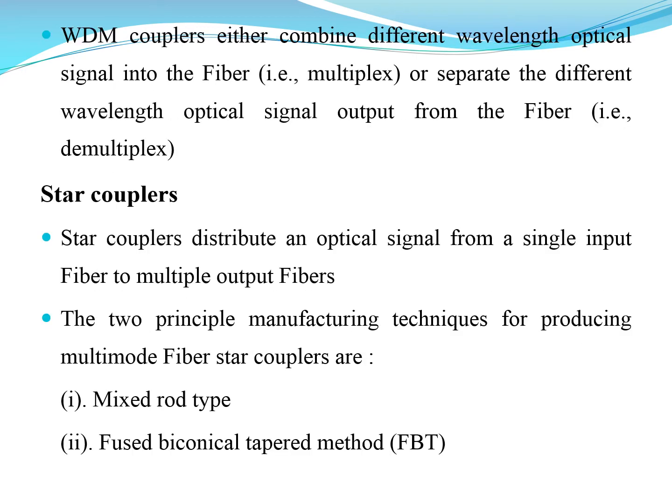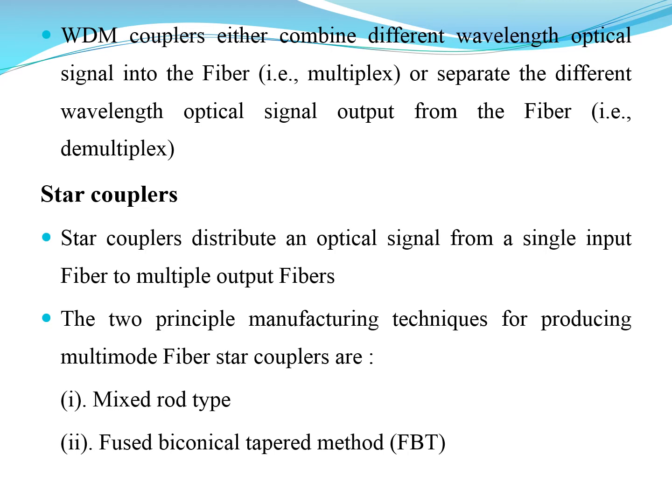Wavelength division multiplexers either combine different wavelength optical signals into the fiber, which we call a multiplexing process, or separate the different wavelength optical signal outputs from the fiber, which is called a demultiplexing process. So we have star couplers. Star couplers distribute an optical signal from a single input fiber to multiple output fibers.